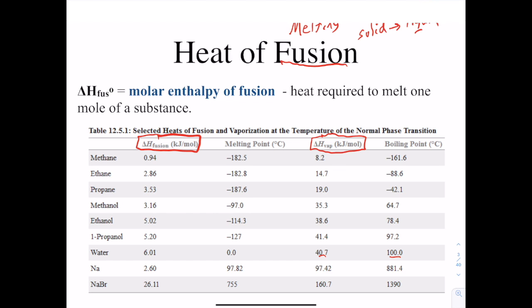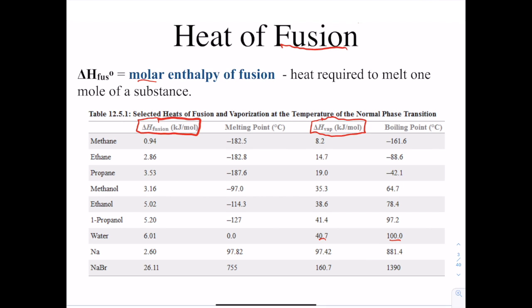So the molar enthalpy of fusion, molar meaning 1 mole, is the heat required to melt 1 mole of a substance. And if you recall, enthalpy of vaporization was a great indication of relative intermolecular force strengths.